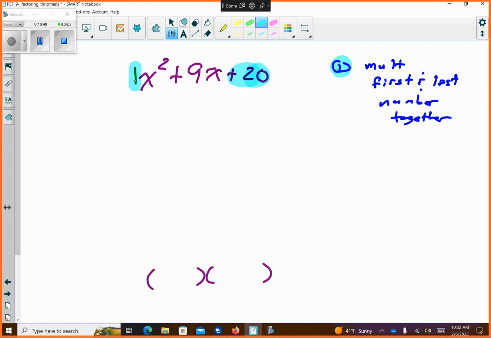So does everyone feel comfortable with step 1, that we're going to get 20 times 1, so I'm going to get 20? That's the first step. Step 2: all whole numbers that multiply to get 20.